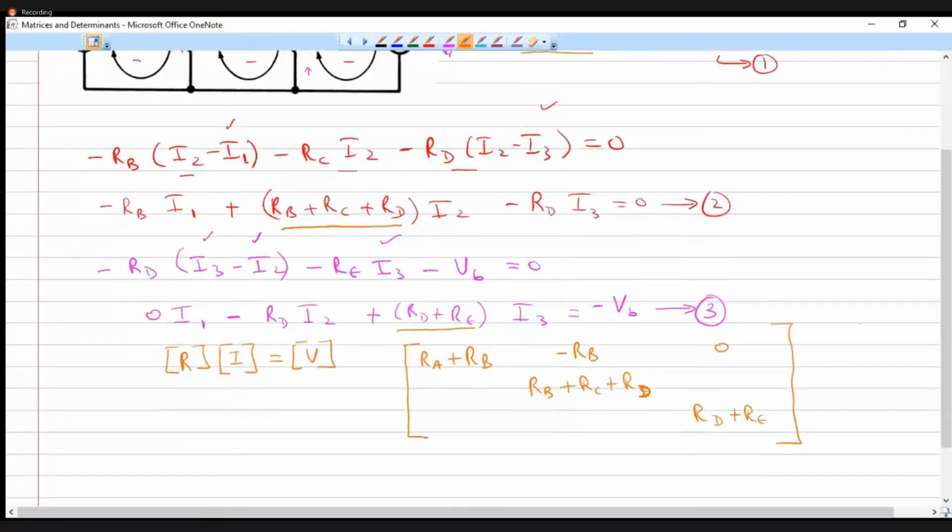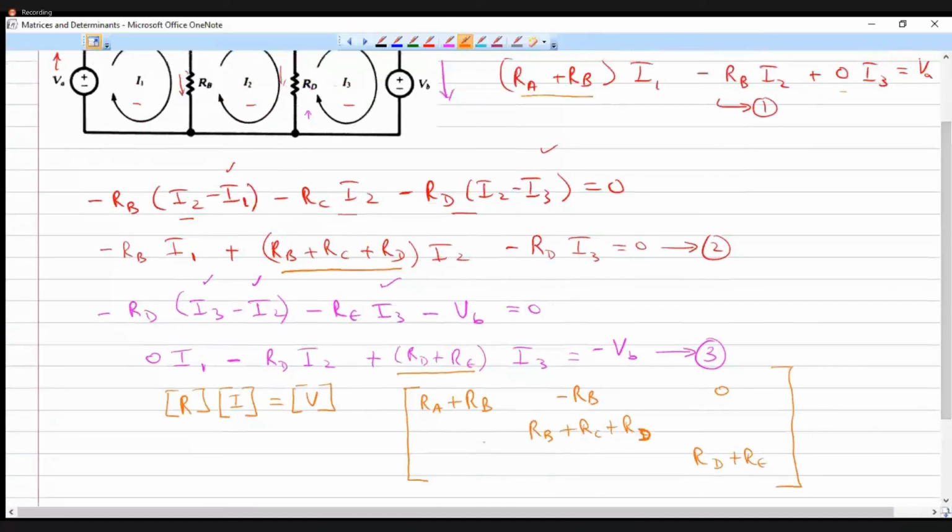Also, coming to the second row from the second equation, what should come here? It should be minus RB. Then what comes here is minus RD. And the third row we have 0, then minus RD and RD plus RE.